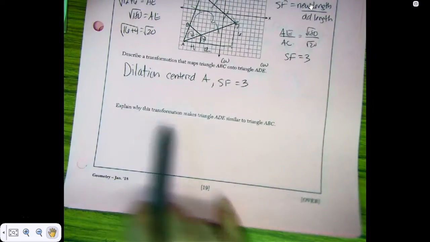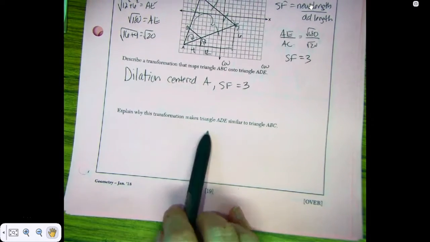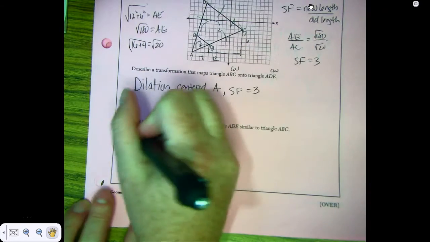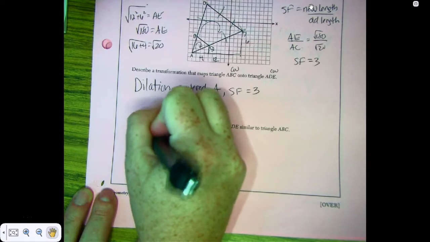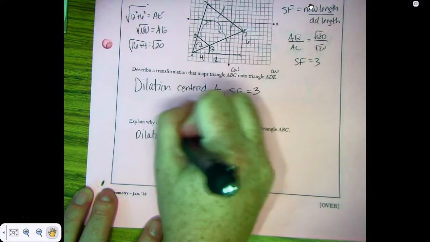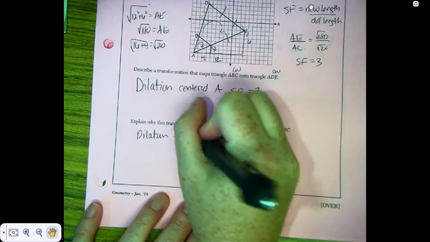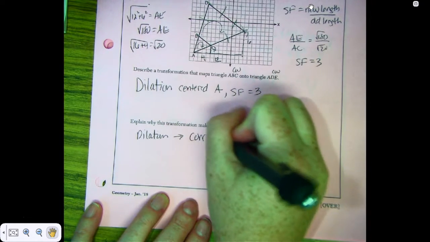Now this part, explain why this transformation makes them similar. Well, when a dilation occurs, that means your corresponding angles are congruent.